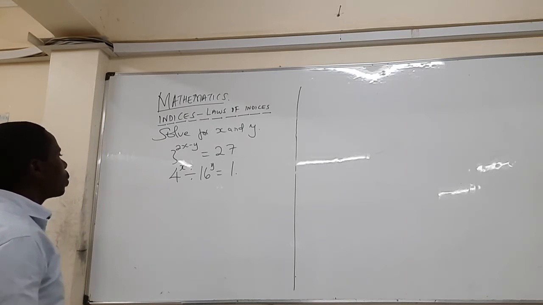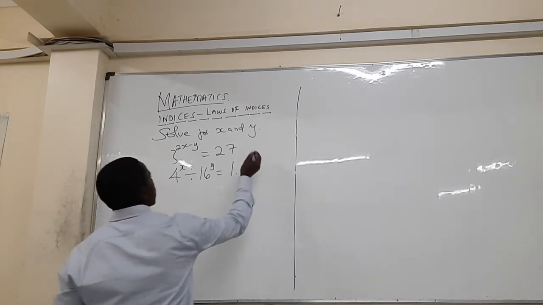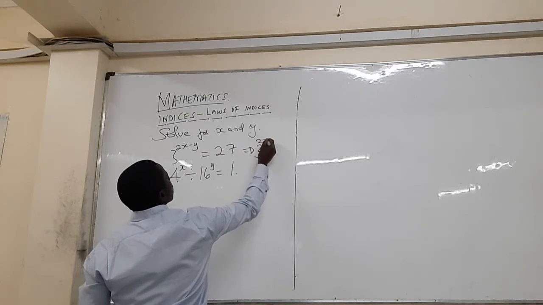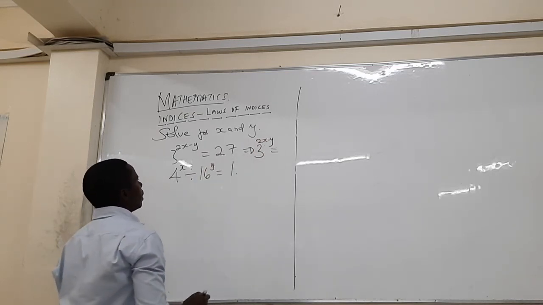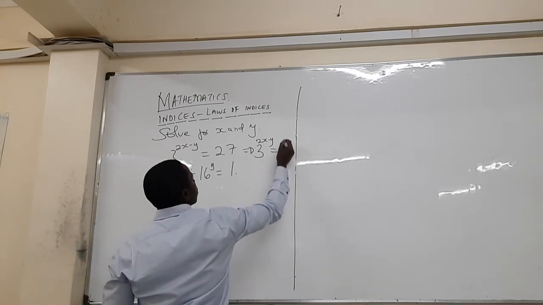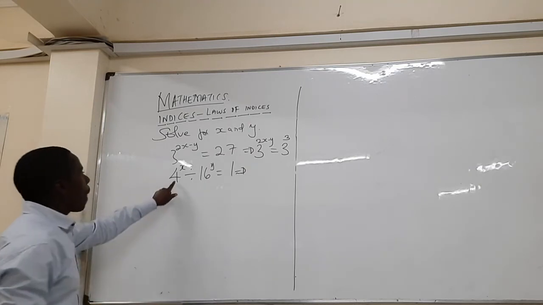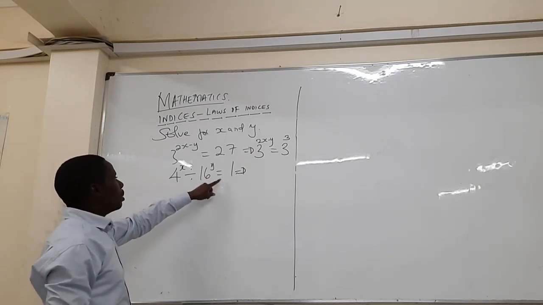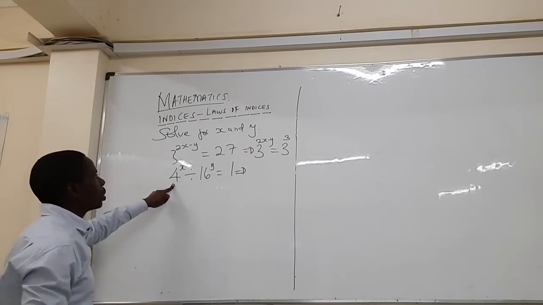We need to write the two into the same base for us to apply the laws of indices. So we can write 27 to the base of 3, that is 3 power 3. Then in the second case, you can write all these numbers into the base of 4 or 2 if you wish.